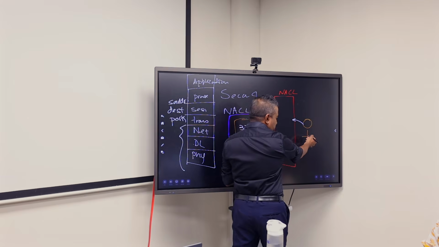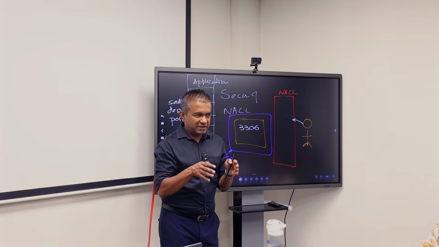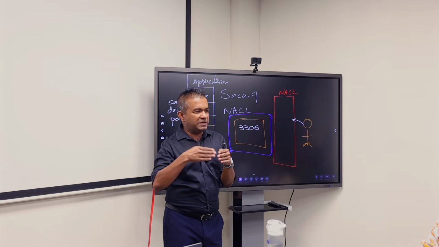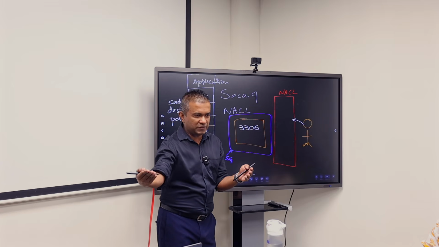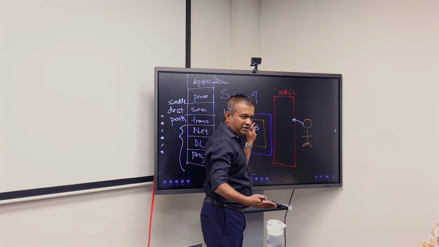Now, 3306 belongs to what? Yes, the database. So now the misunderstanding starts here. The user's laptop is making a JDBC or ODBC, some sort of SQL connection to here.